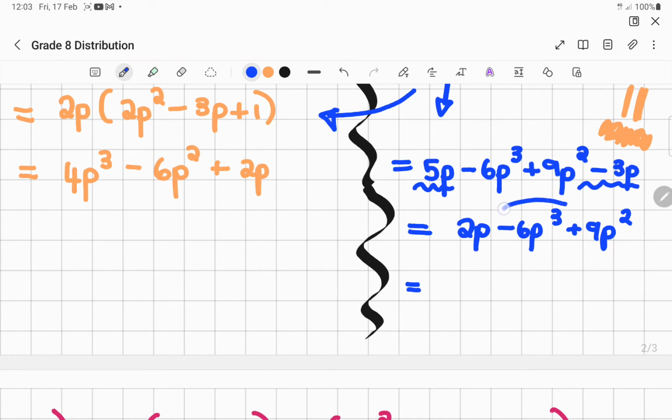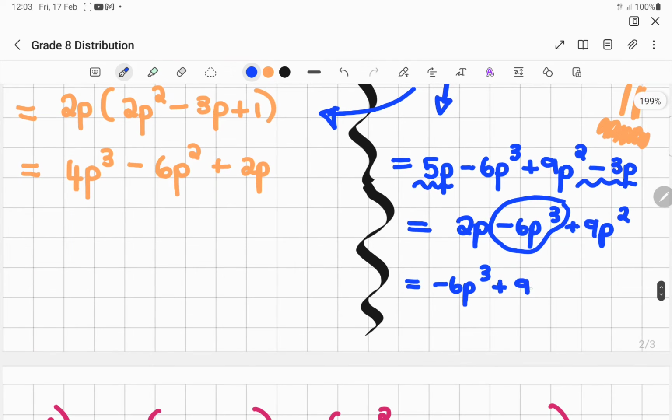So we first write the biggest exponent with the sign in front, then the one straight after, plus 9p squared, and then very last plus 2p. Okay, and that's your answer.